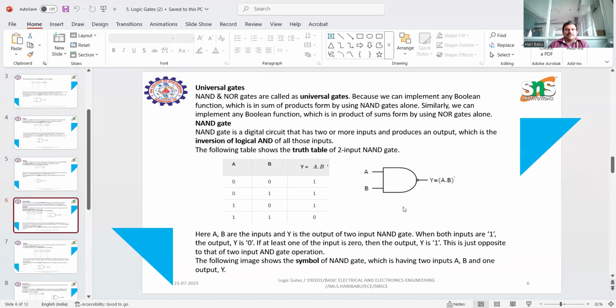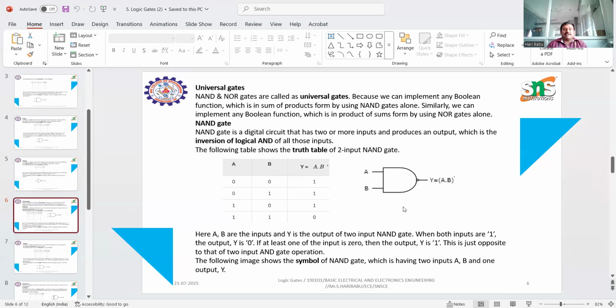So by using NAND and NOR gates, we can get the output as requested, not just as NAND itself or NOR itself. For example, we can get the AND gate output from a NAND gate. That is why it is a universal gate, because we can implement any Boolean function using NAND gates alone.